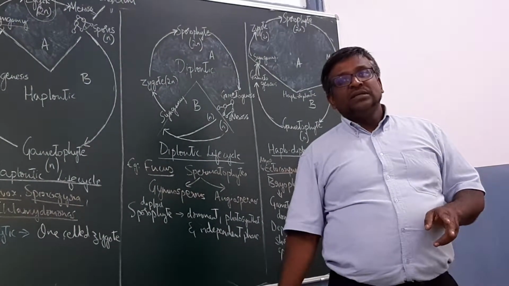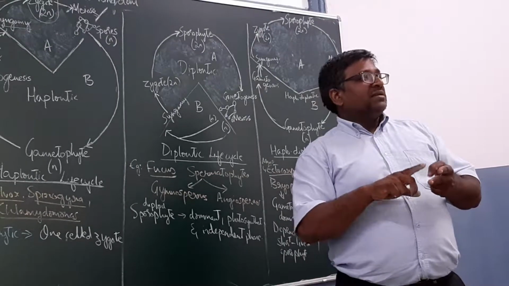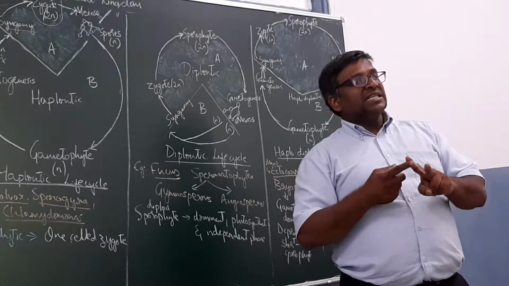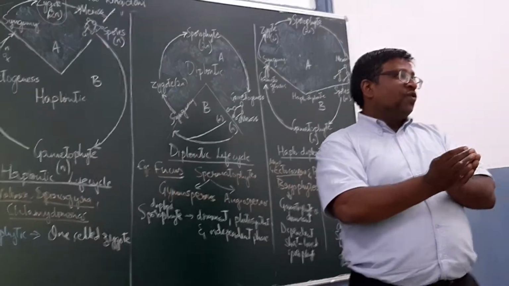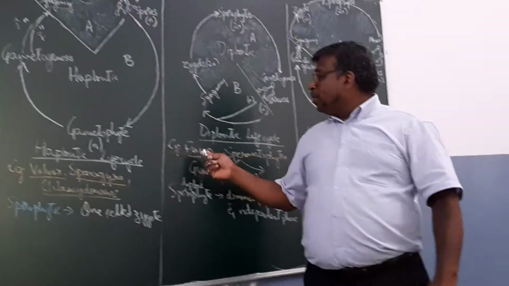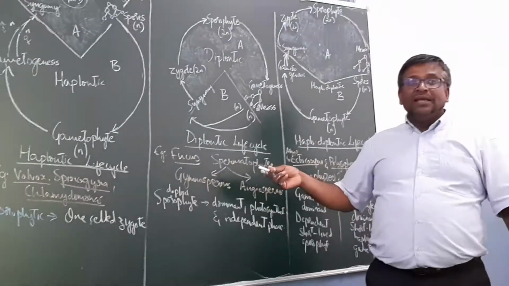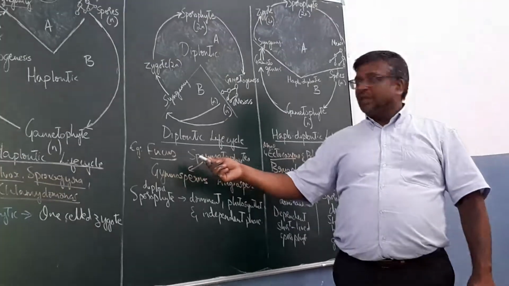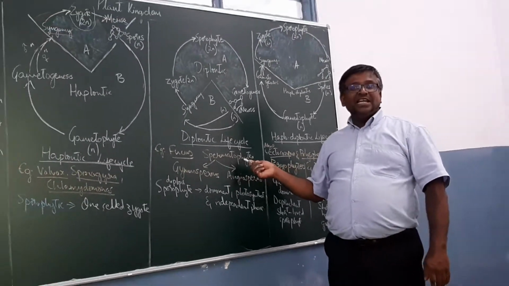What are those? Gymnosperms and angiosperms. Gymnosperms are naked seeded. In angiosperms, seeds are enclosed by fruit or ovary wall. The diplontic life cycle is also found in a few algae like Fucus. Fucus is an alga.